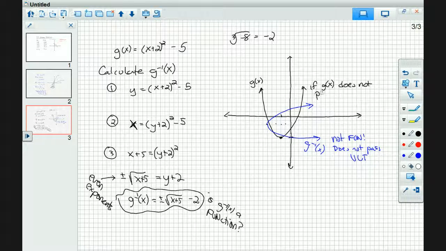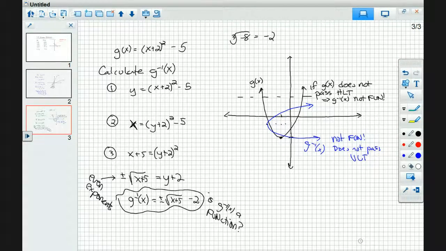If g of x does not pass the horizontal line test, so if we draw a horizontal line, does it pass that twice? Okay, so it doesn't pass the horizontal line test. That means g inverse is not a function.